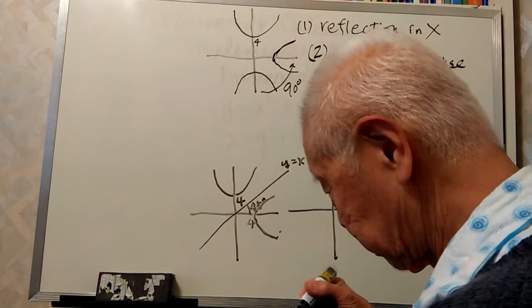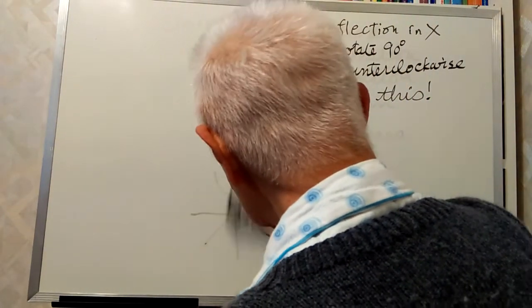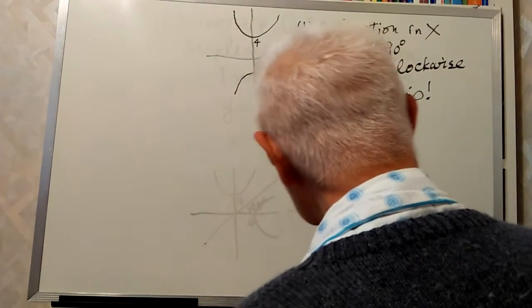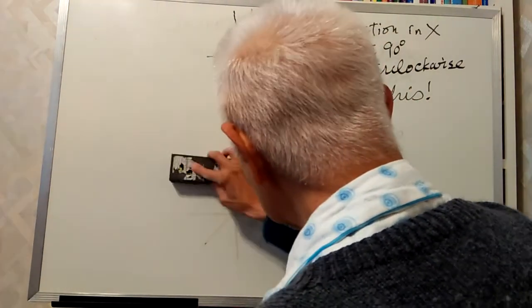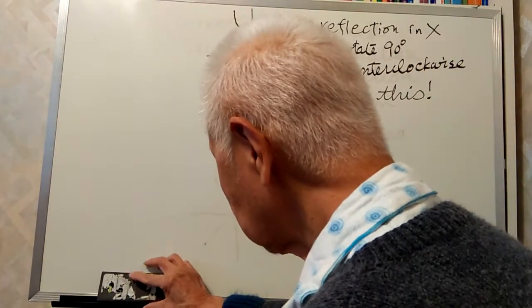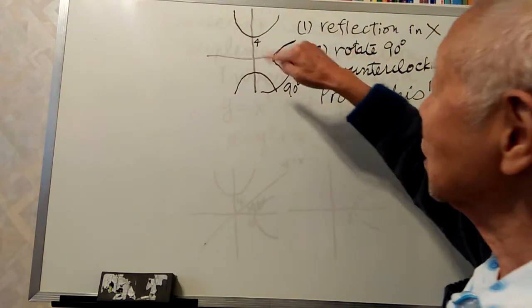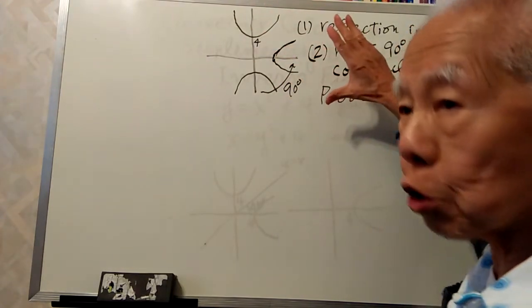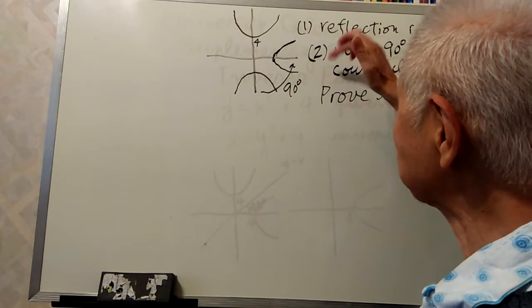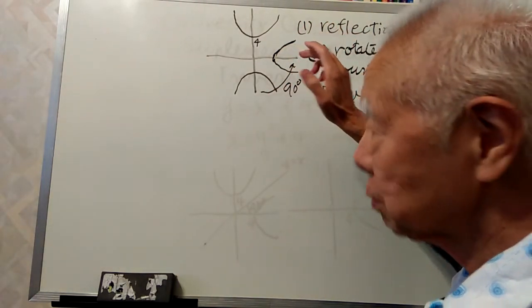To prove it, how do we do that? Now we use this special example to show that this is true. If you do step 1, step 2, you indeed get the inverse graph.